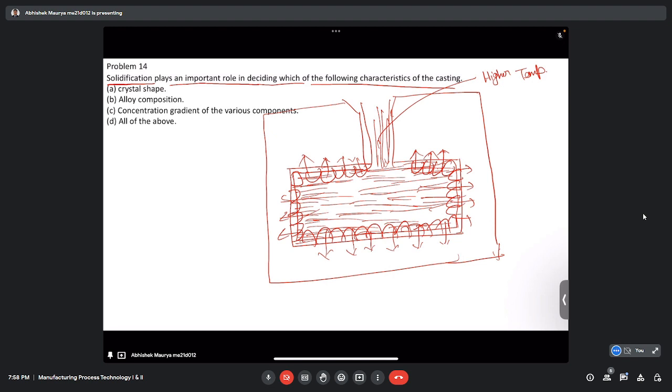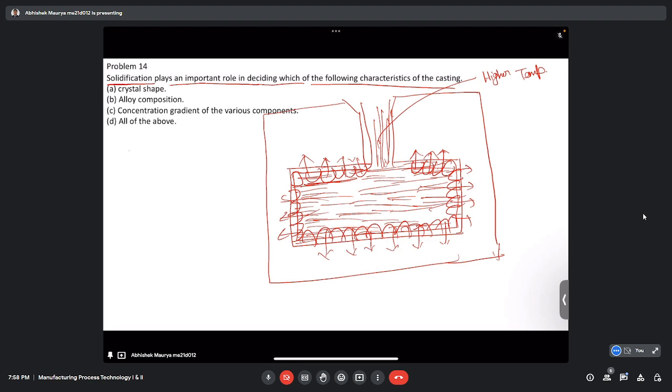There are different elements, and each of them has different solubility at different temperatures, and therefore the concentration of the alloying element keeps on changing.